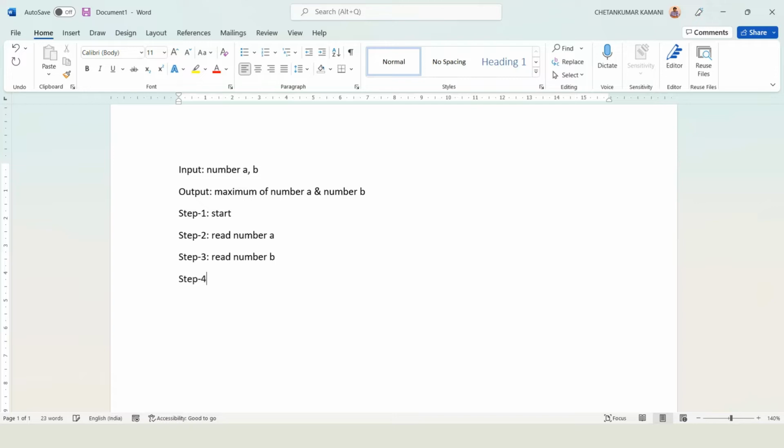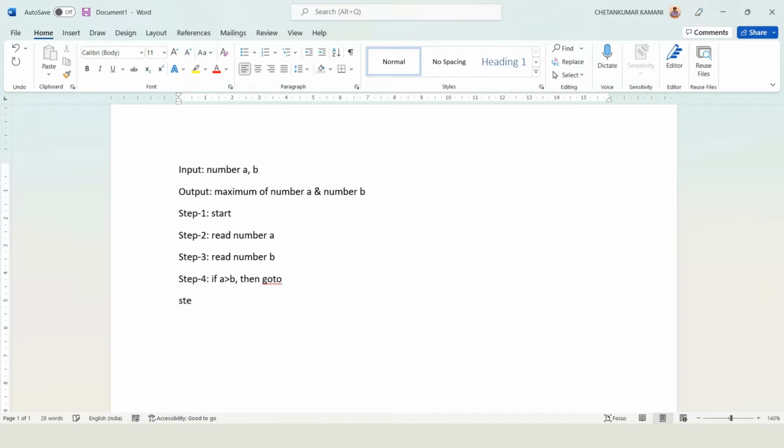Step 4, what is step 4? If A is greater than B, and if it is true, then we have to move to another step. At this time I don't know which step number it would be.